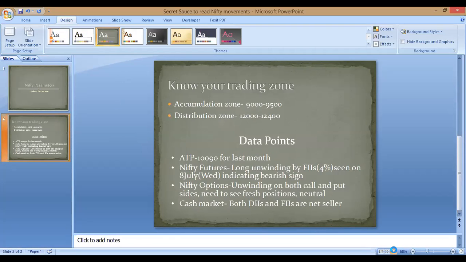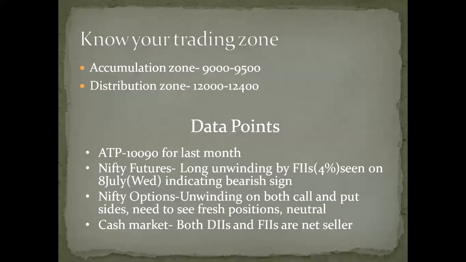Trading is a very good profession if you understand all the terminology, all the parameters. And right now, what I have seen in the charts is that 9,000 to 9,500 is our accumulation zone, where buyers came in, and I think it was momentum also at that time that lifted Nifty to 10,500, 10,800 levels.